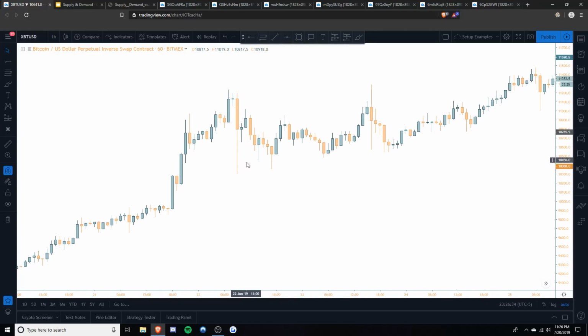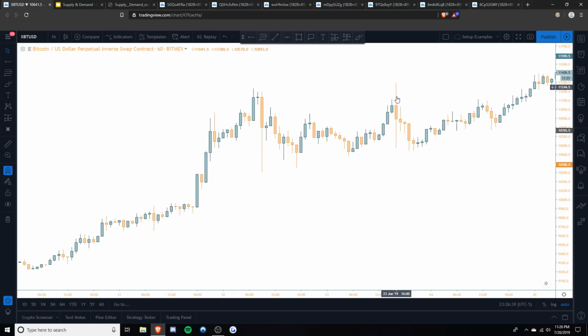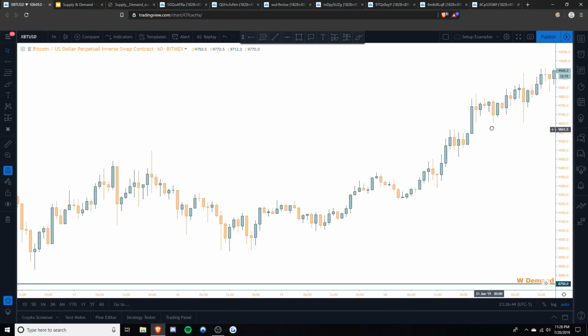Let's see. Yeah, see, this is kind of choppy price action. I don't really like these huge wicks.